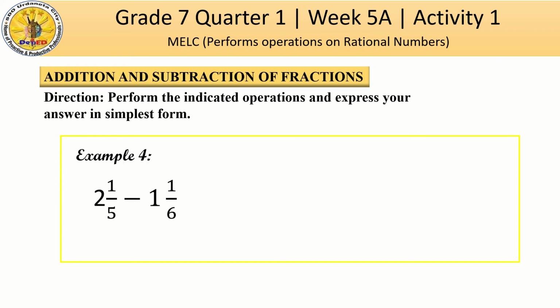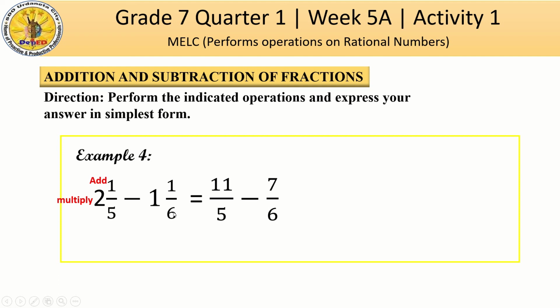We have here mixed numbers, 2 and 1/5 minus 1 and 1/6. So we multiply there and then add. So 5 times 2 is 10, plus 1, we have there 11. We have now an improper fraction.